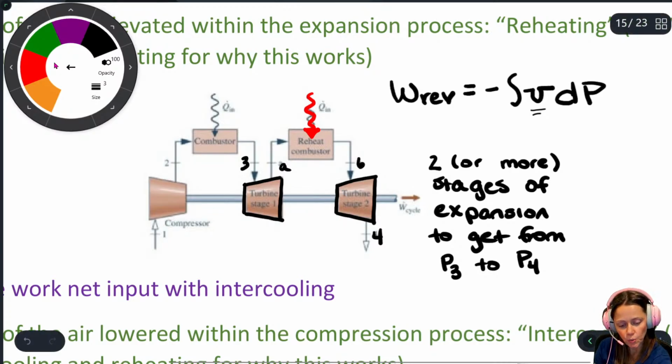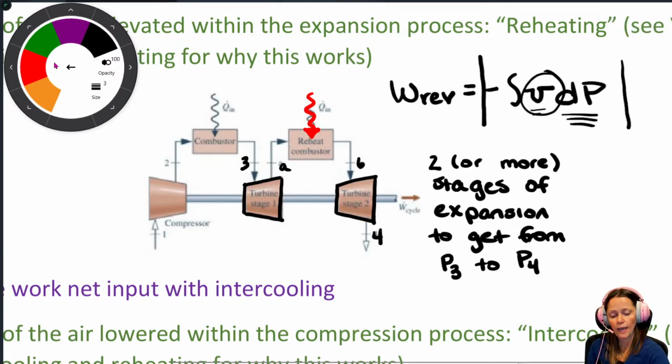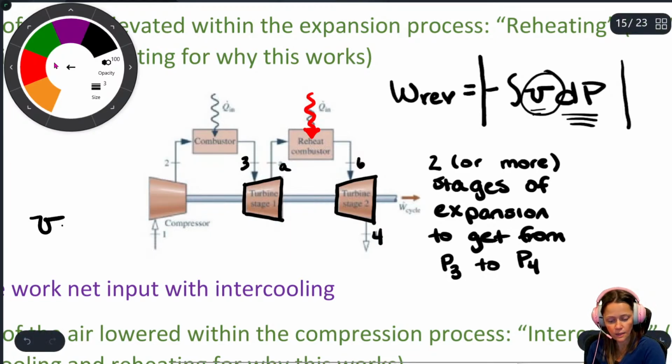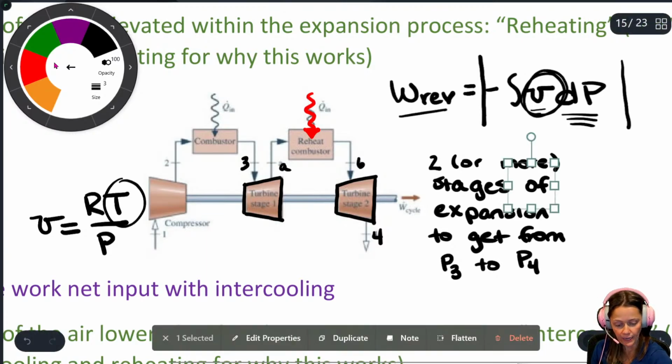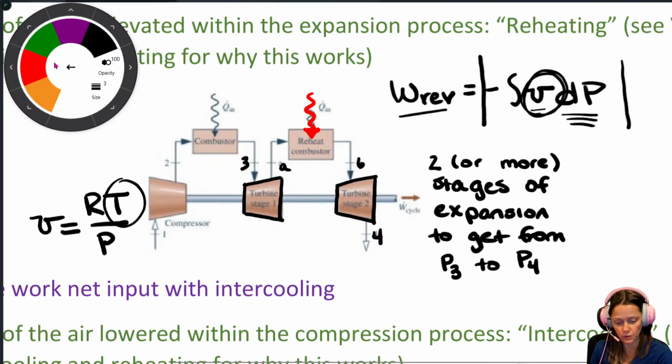But if I wanted to increase the work output, so basically increase the absolute value of this, I'm kind of stuck between these pressures, but the specific volume is the one that I can change. With your ideal gas, this is RT over P. If I keep the operating temperature, that average temperature for the expansion stage, high, then my specific volume is also going to be higher, and so I'm going to maximize the work output for the expansion process.